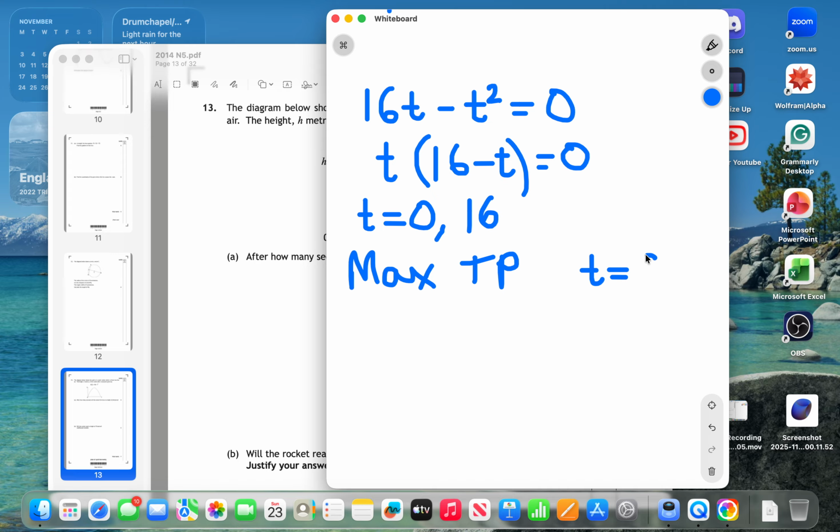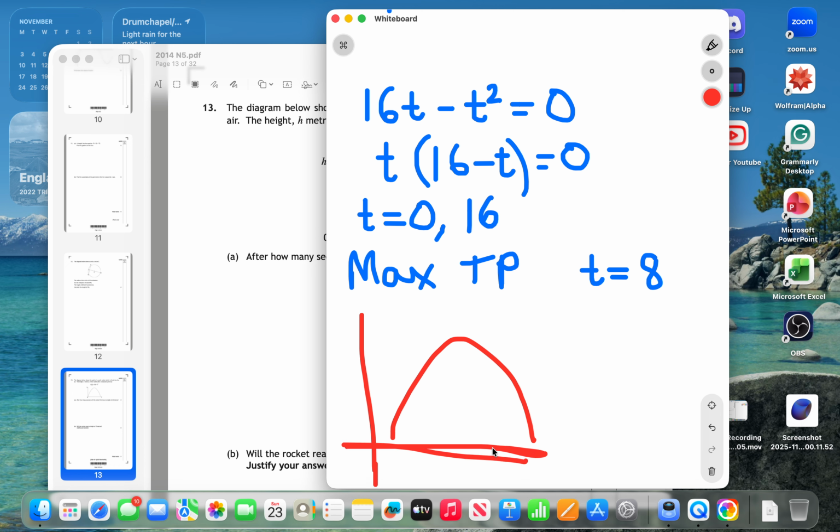vertical axis of symmetry. So we have this. This is not neat, but I will be rubbing this out in a second. We have this, and at t is 8 we have this vertical line of symmetry, and our maximum turning point is dictated by the value t is 8.